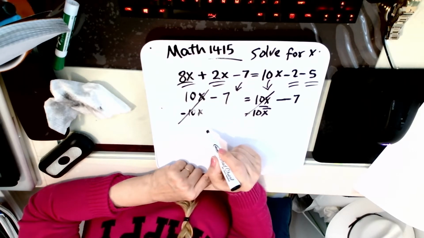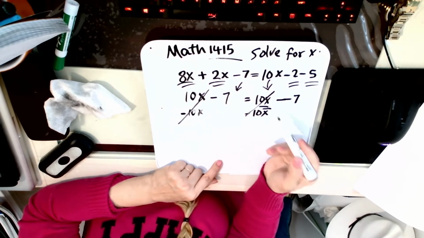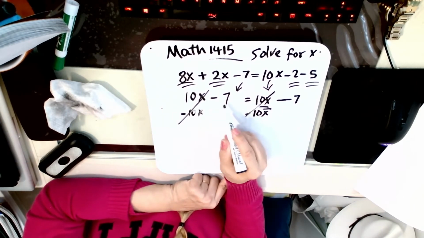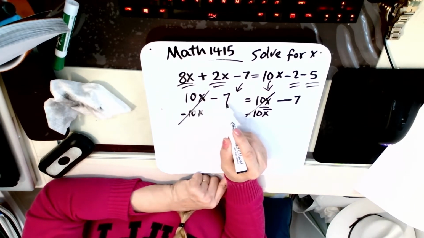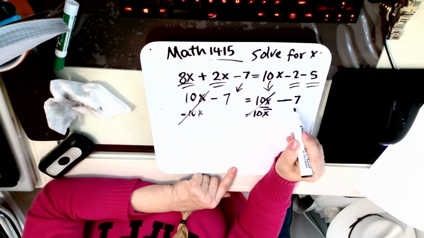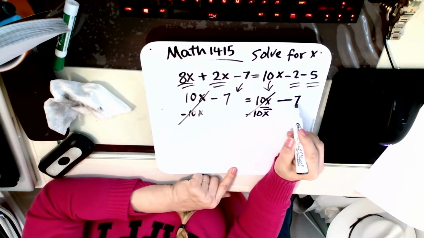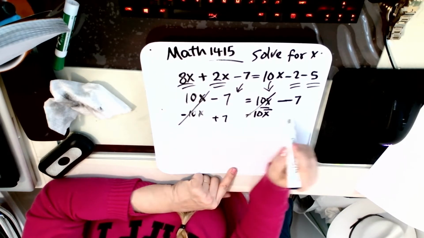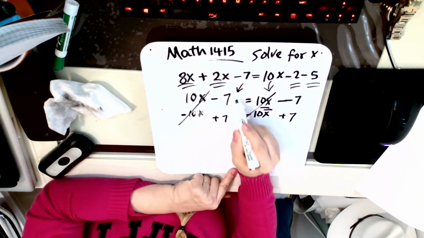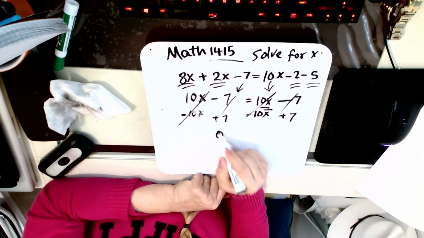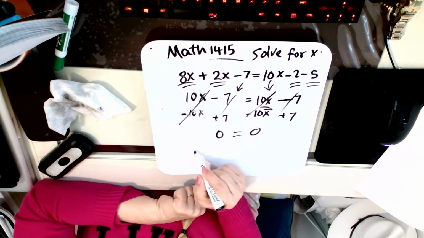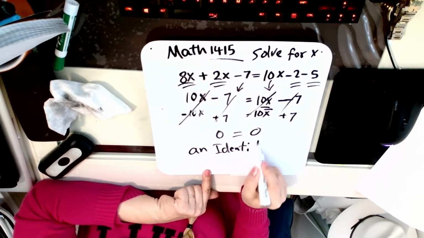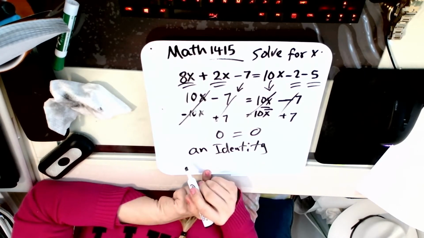And did you see that here minus 7, here minus 7, so we're gonna add 7 to both sides, and also it's 0 equals 0. So this is an identity. Okay.